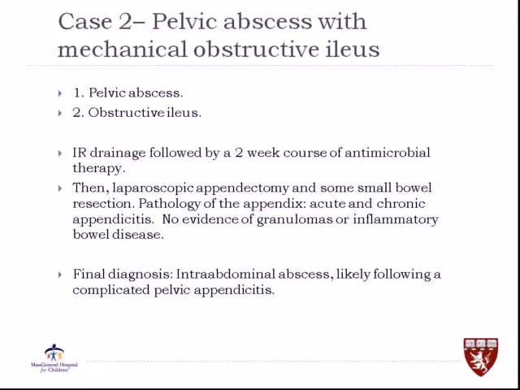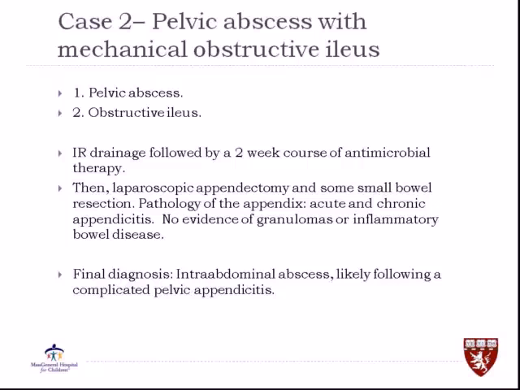So his diagnosis now changed from a post-viral gastroparesis to a pelvic abscess with an obstructive ileus. He immediately went to the IR suite where everything got drained, and nothing eventually grew, if I recall correctly.